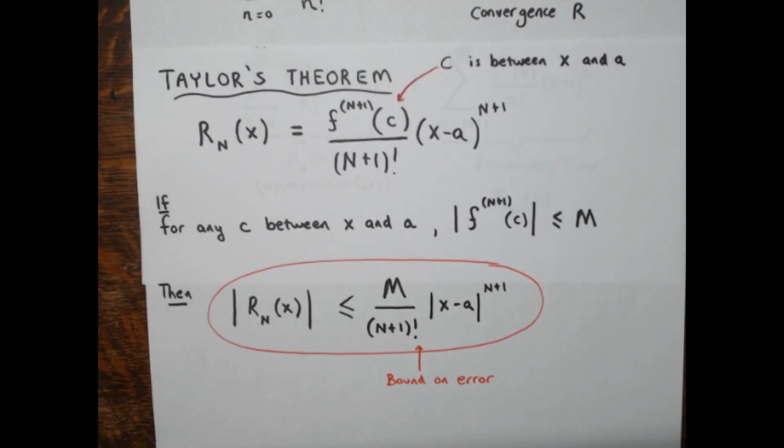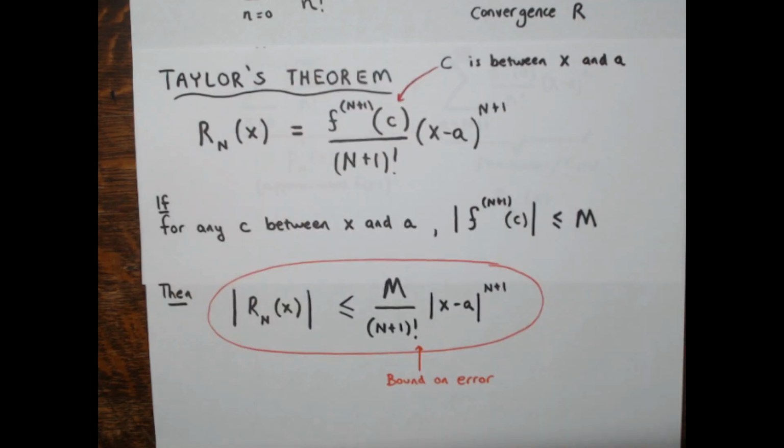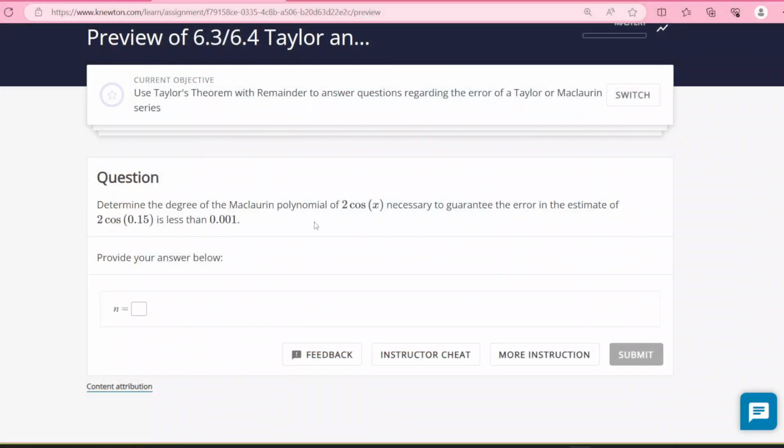All right, so let's go and use this now. Oh, and by the way, if a is 0, they call all this stuff Maclaurin instead of Taylor, as you may recall from the last video. Because notice in the first problem here, they ask us to determine the degree of the Maclaurin polynomial.